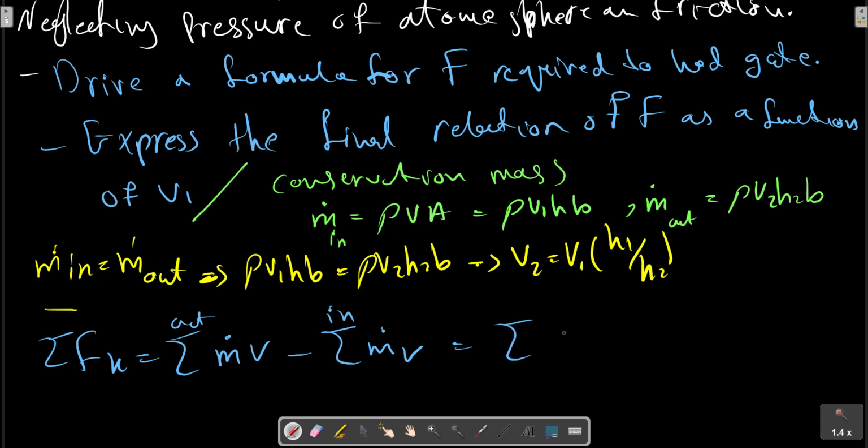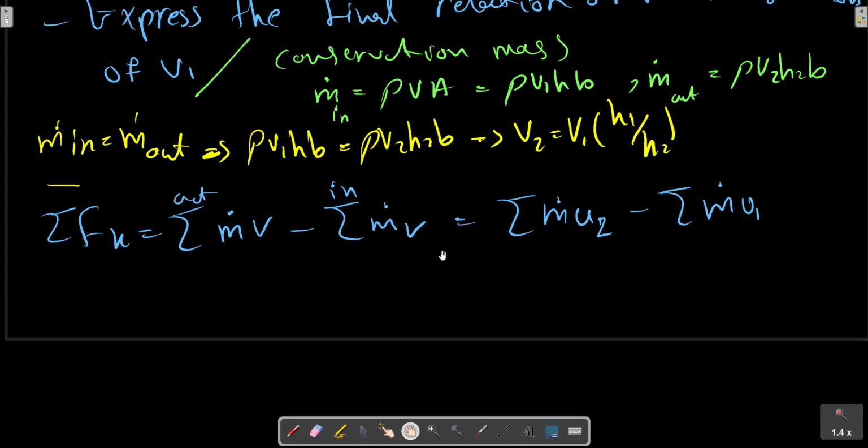In the x direction, we have m dot (u2 minus u1). This is the force from the fluid on the gate, so this force should equal the force of the gate. So we have F equals F gate.